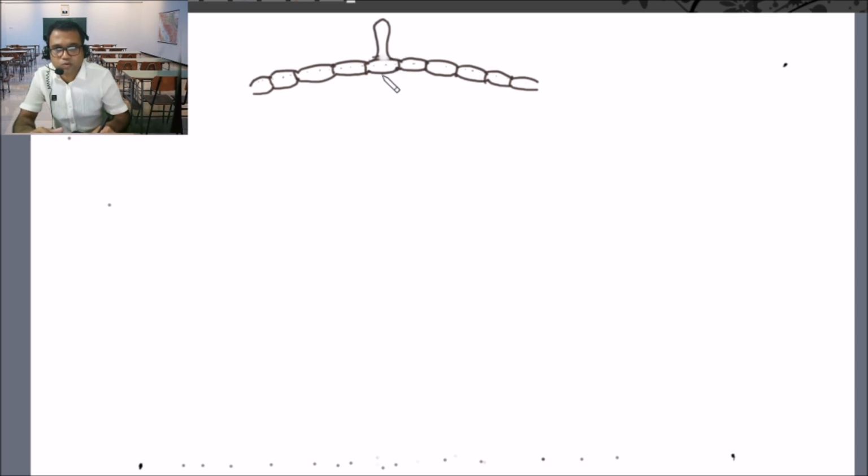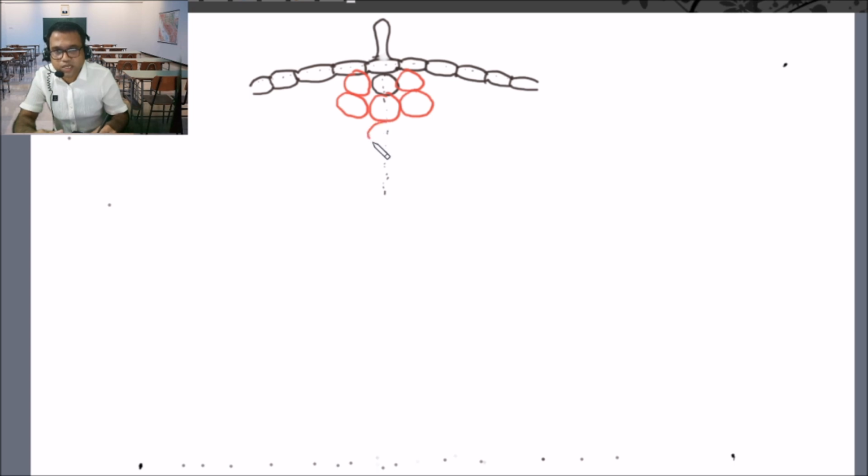Now we have to draw the cortex region. In the cortex region, these cells are parenchyma type, and here the intercellular space is present.